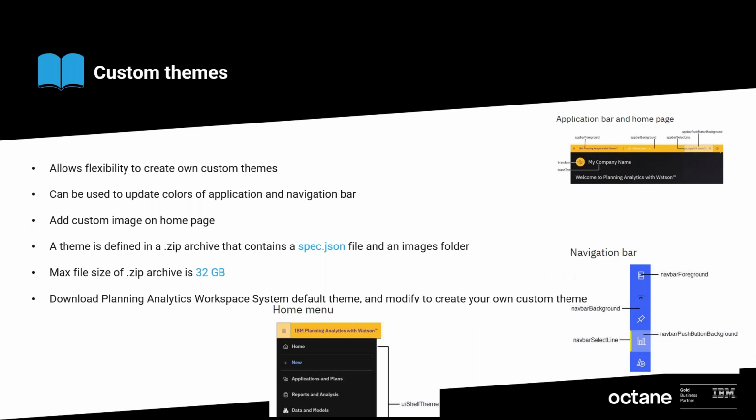Then the final one that I wanted to cover here is the ability to create your own custom themes. So now this actually is helpful to really align the coloring as per your corporate design, or you might have your corporate theme.